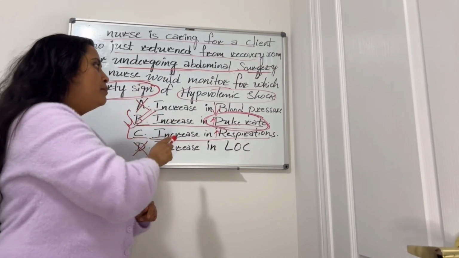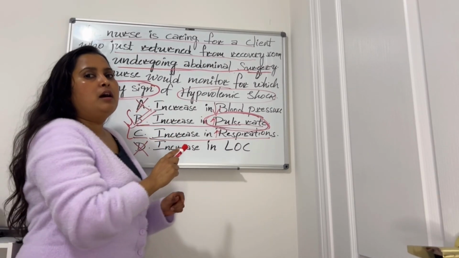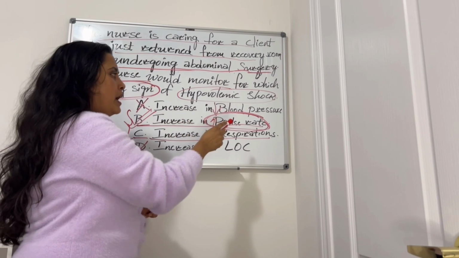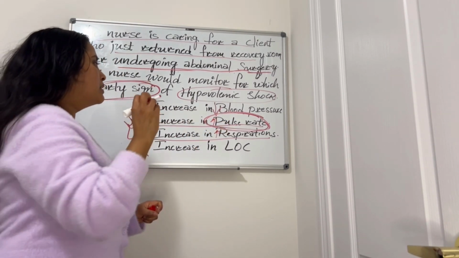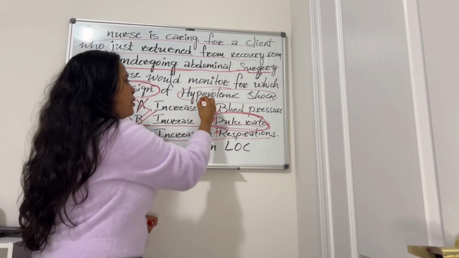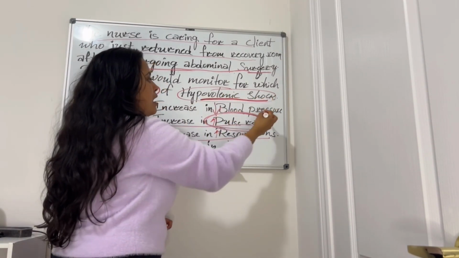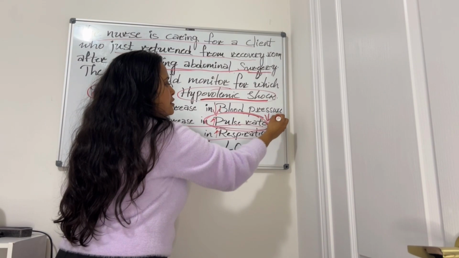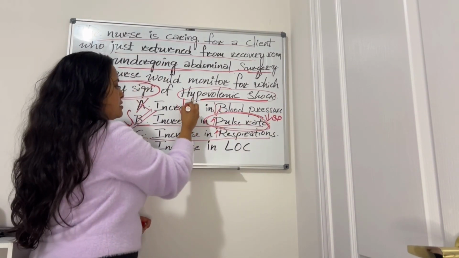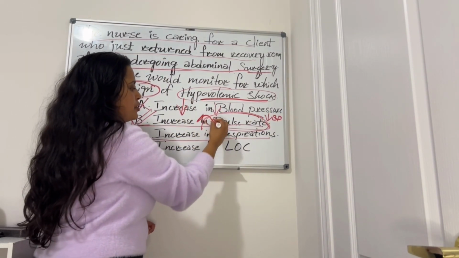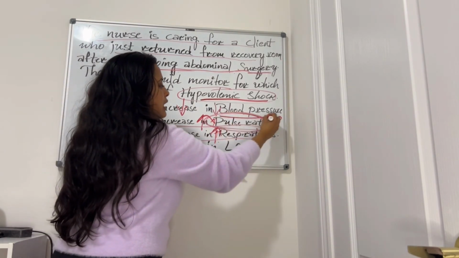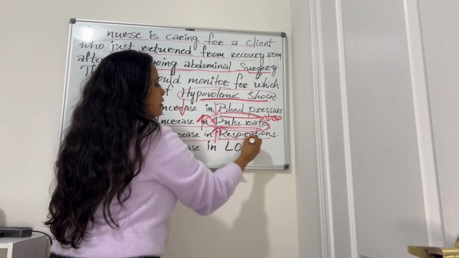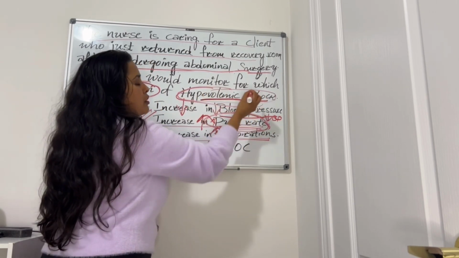This is very important to remember about early signs of hypovolemic shock, and make a note. The classic signs of hypovolemic shock are decrease in blood pressure, it's a decrease, increase in pulse rate, and increase in respirations. So these are the classic signs and symptoms of hypovolemic shock.